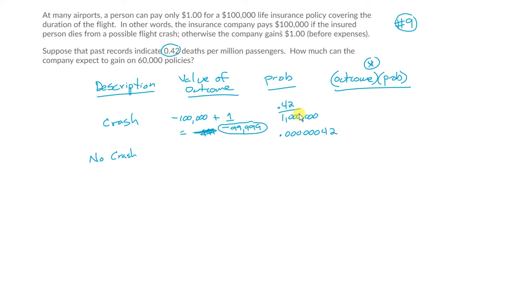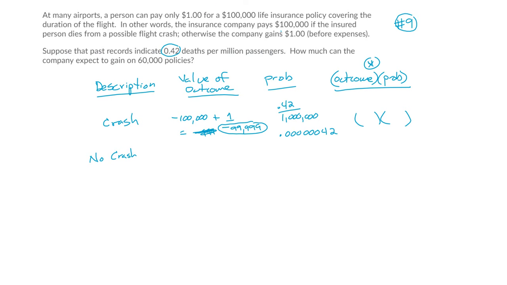Actually, your calculator will show you 4.2 e to the negative 7, but that's what it means: 4.2 with the decimal moved 7 places to the left. But it's easy enough to divide by a million. You take 0.42 and move it 6 places over because you're dividing by a million. Then you can do your outcome times your probability. So that's the first row, crash.